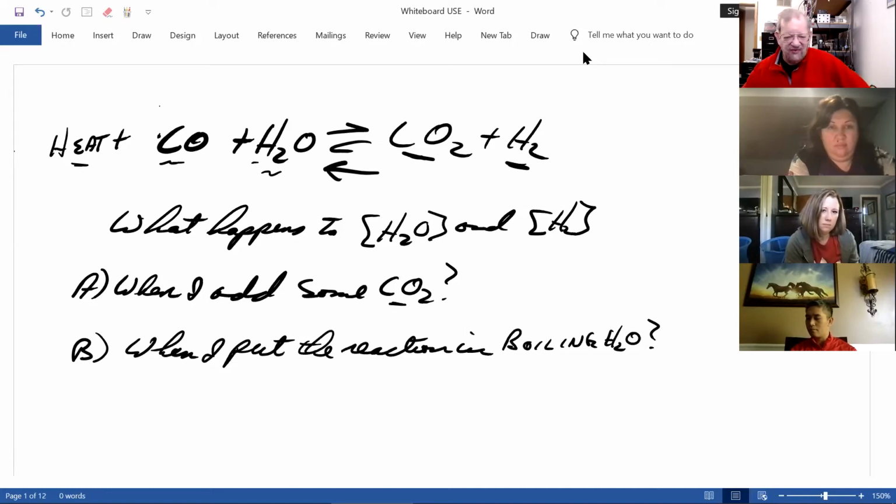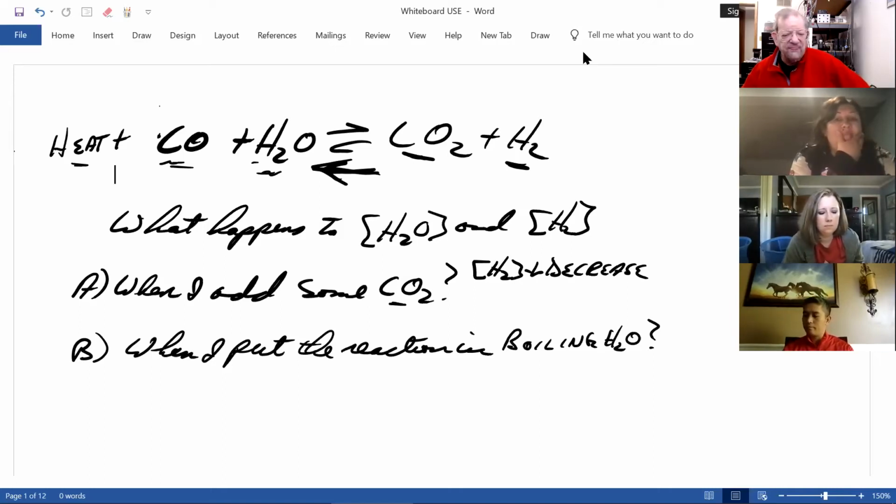You have less, which means for hydrogen, it will be consumed and it will decrease. And since we're making more water and CO to get rid of the excess CO2, you're making more carbon monoxide, CO, and the amount will increase.